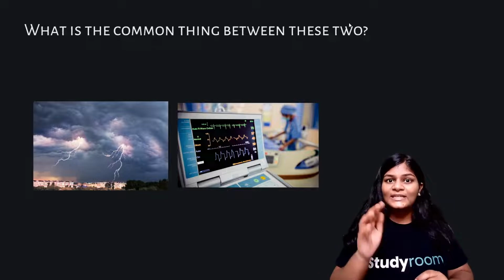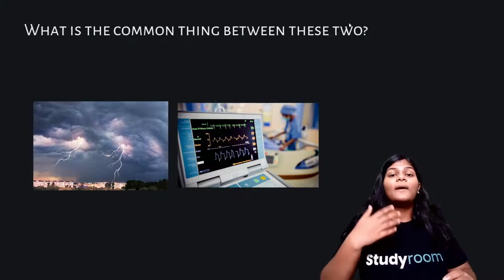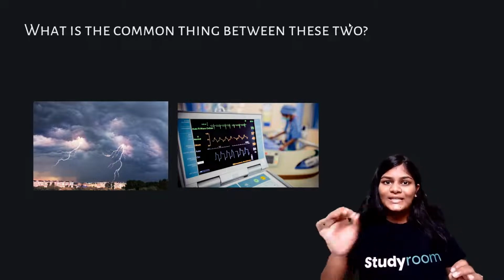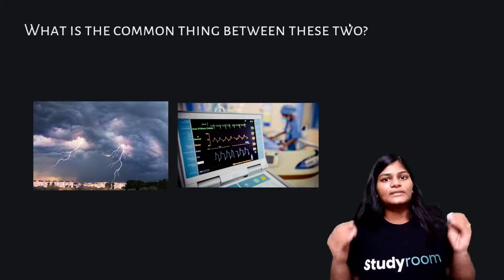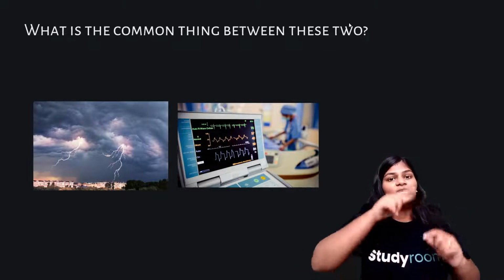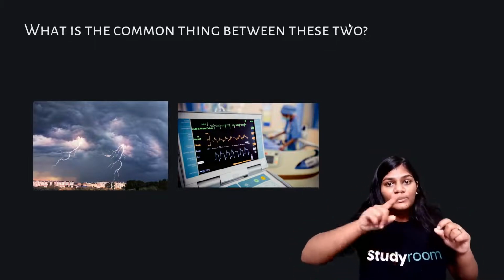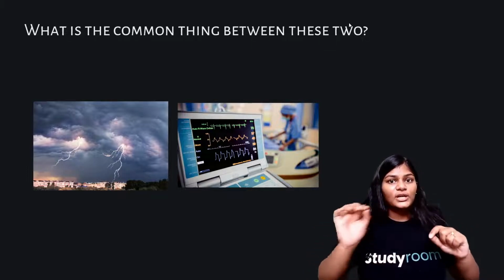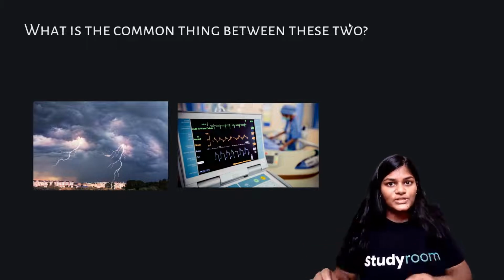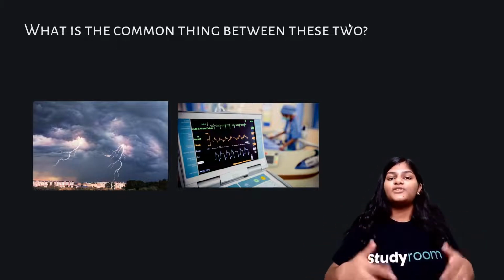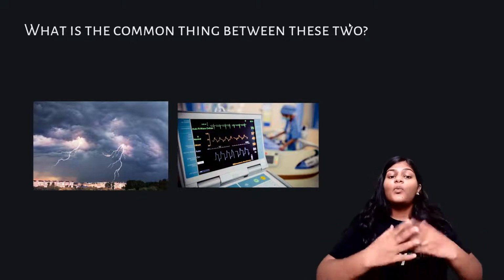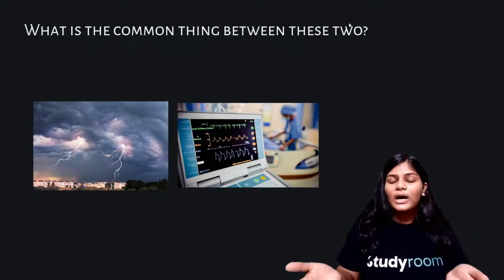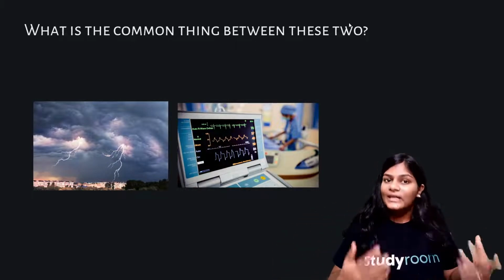And this machine, the ECG or the electrocardiogram, basically measures those electric signals or currents that your heart receives, and that is how these lines are formed. They monitor those electric signals that your heart receives, and based on that the doctor tells you what the problem is with your heart, or whether your heart is weak or healthy.